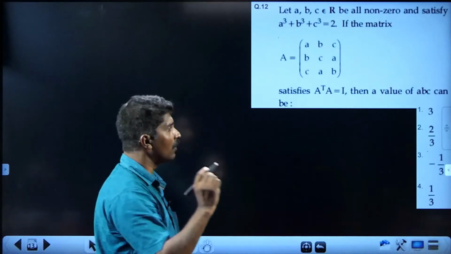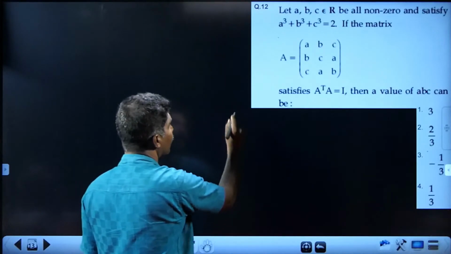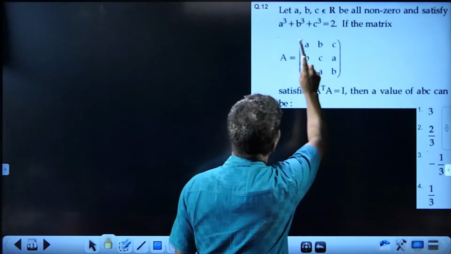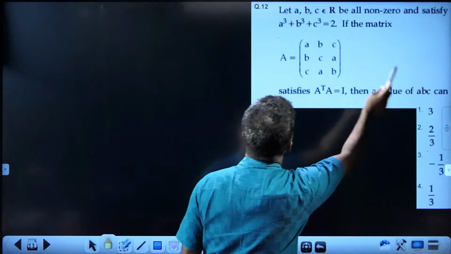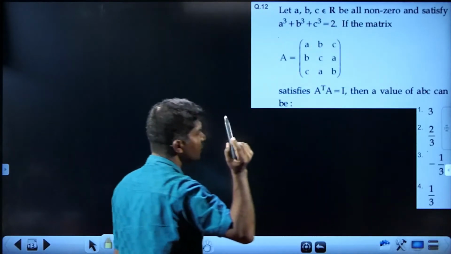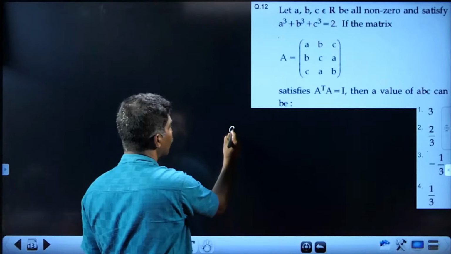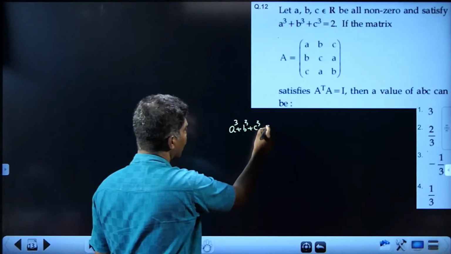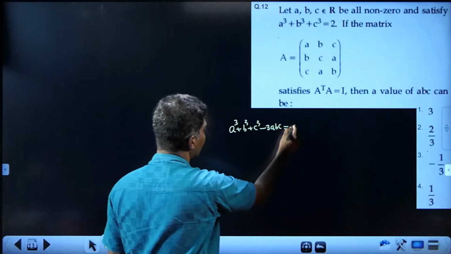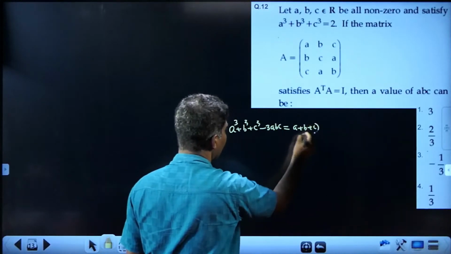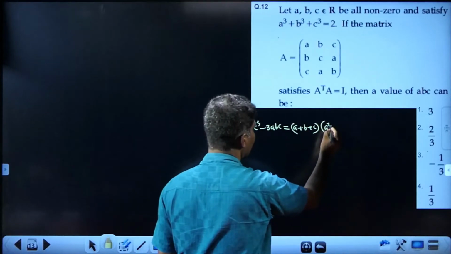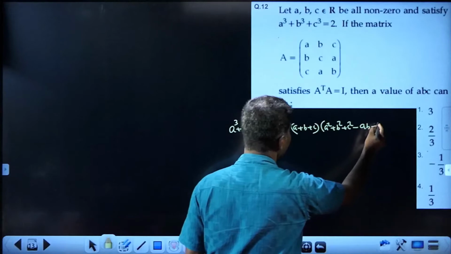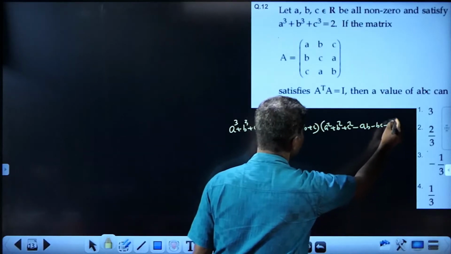You have to remember one very important formula that connects abc and a cube plus b cube plus c cube. What is that formula? a cube plus b cube plus c cube minus 3abc is equal to (a plus b plus c) into (a square plus b square plus c square minus ab minus bc minus ca).